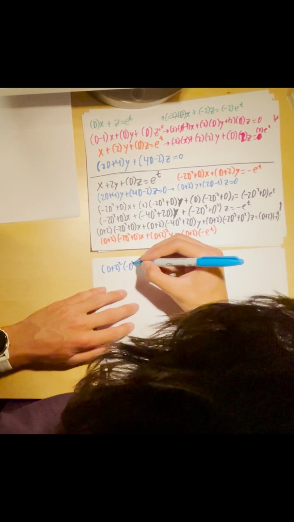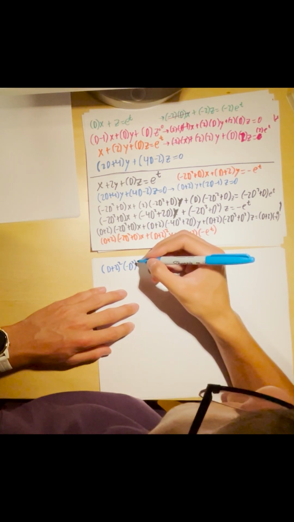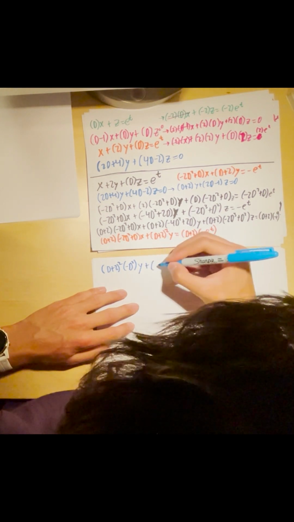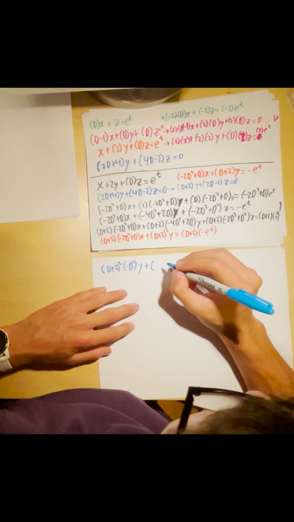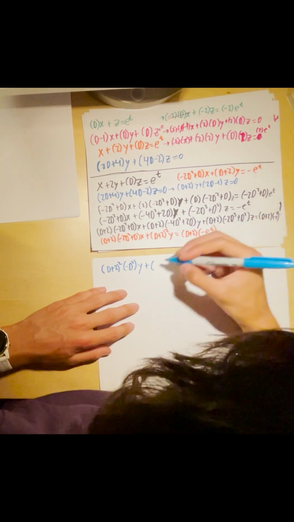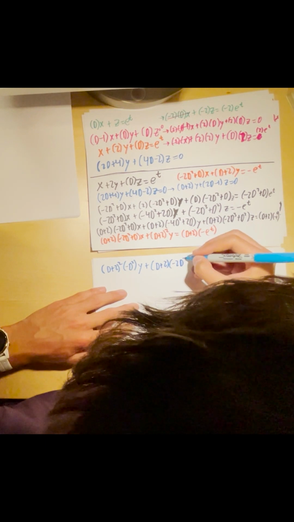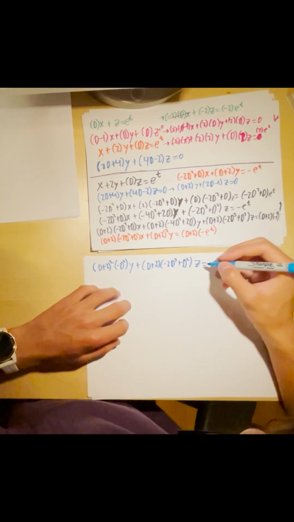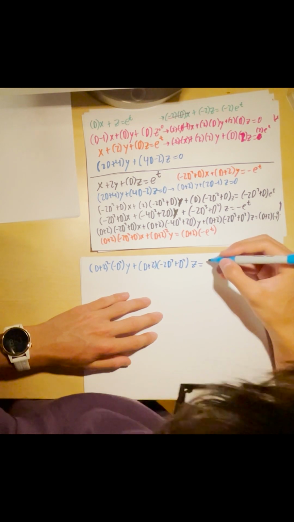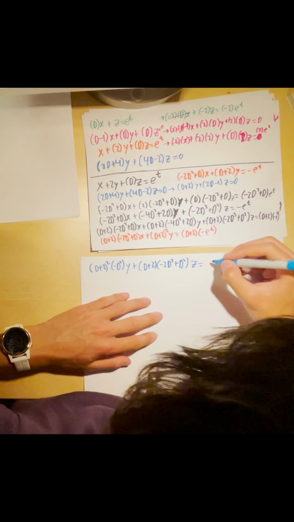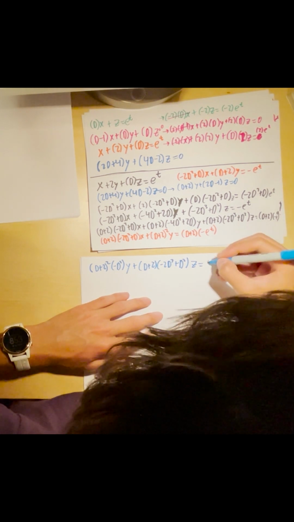And we're going to have a negative d squared y plus, we're going to end up with something that looks exactly like this, so I'm just going to write that. D plus 2 times negative 2d cubed plus d squared z equals 0. And we can operate on 0. We're still going to get 0.